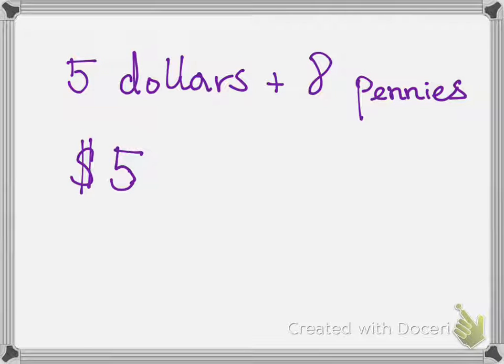Then after we come to the dollars part, we have to put that decimal point. And I don't see any tenths or dimes, so we need to put a 0 there to show there are no dimes. There isn't a tenths. Then what we're left with is 8 pennies. So this says $5.08.